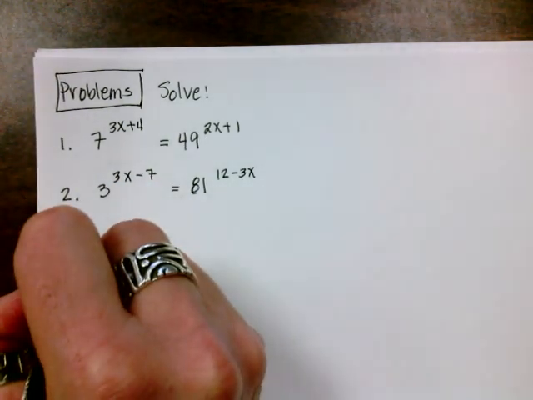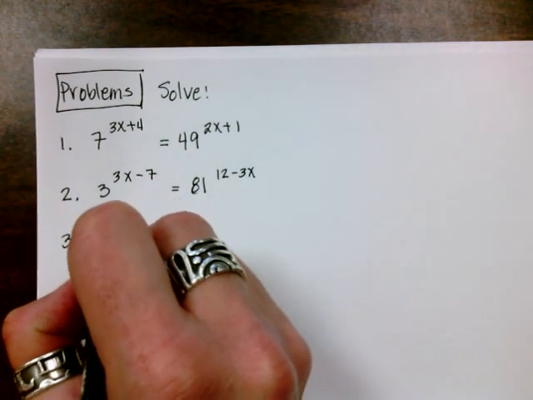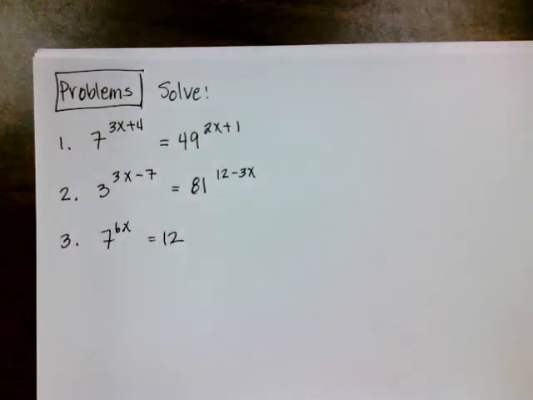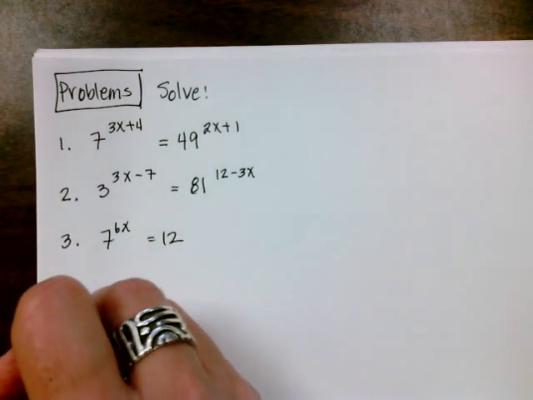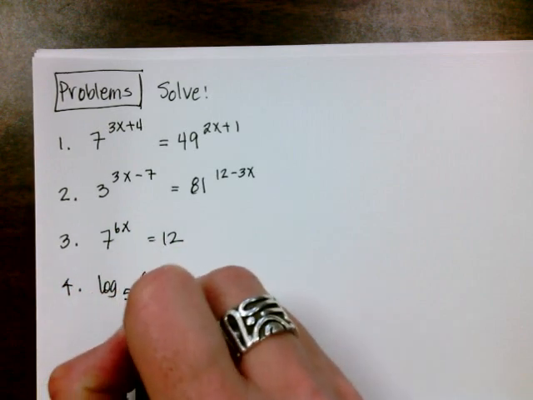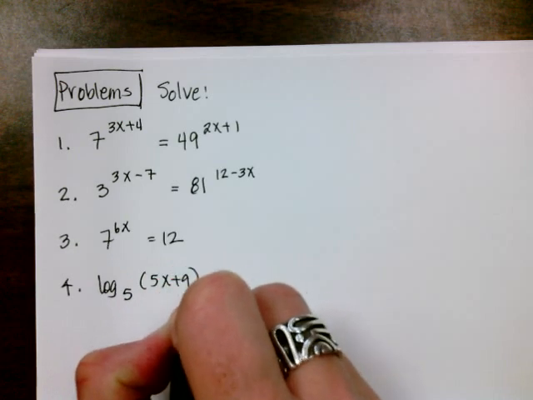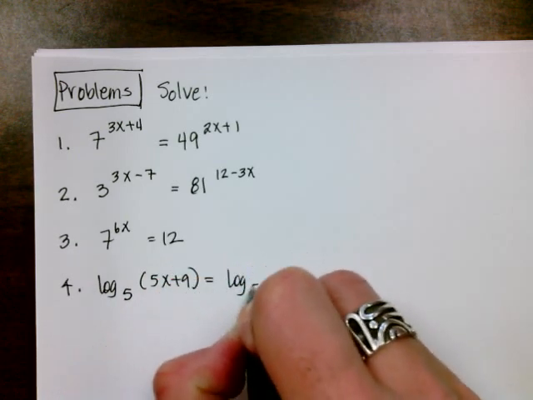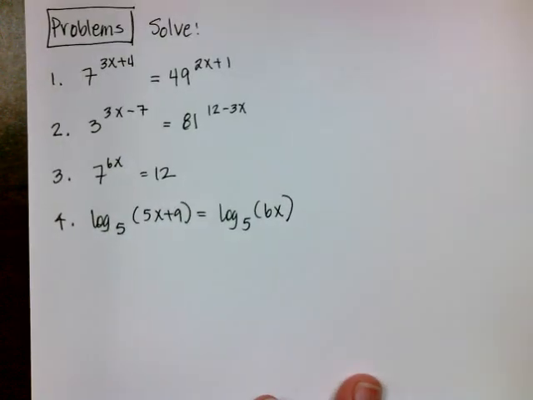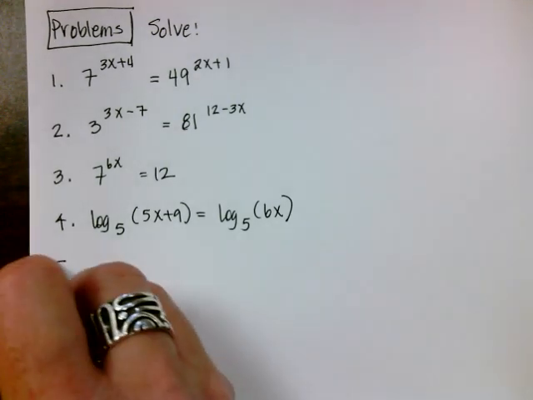The third problem, I'm going to have 7 to the 6x is equal to 12. The fourth one, I'm going to have the log base 5 of 5x plus 9 is equal to the log base 5 of 6x. And I'm giving you examples from all the different types of equations that we did.